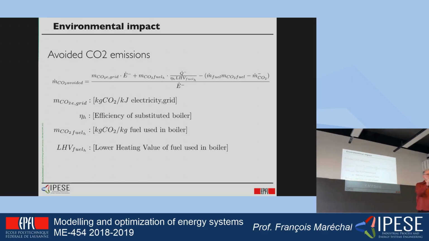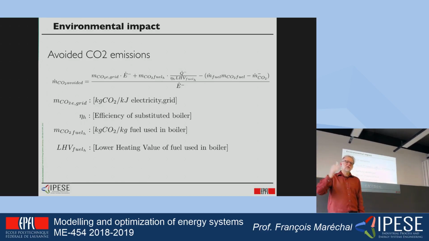Okay. Now, you can also have the values from the past, okay, which allows you to have a good knowledge about what is the mix of power plants that are used to produce electricity now. Okay, which is a combination of nuclear power plants, coal power plants, combined cycles, and PV, and wind, and hydro.